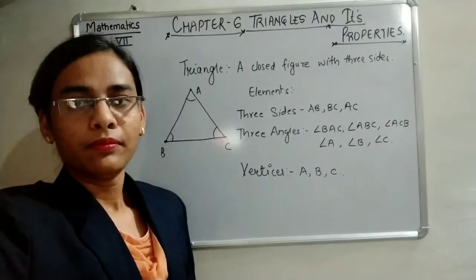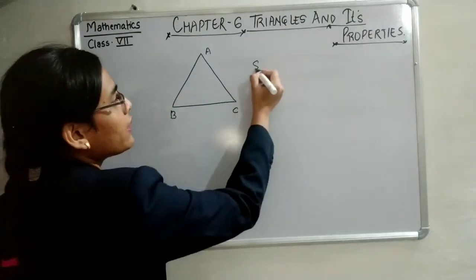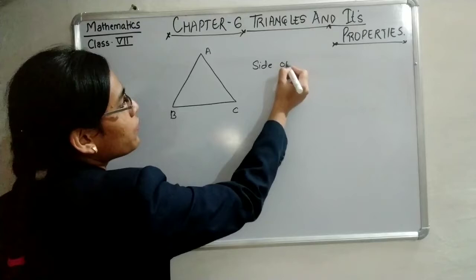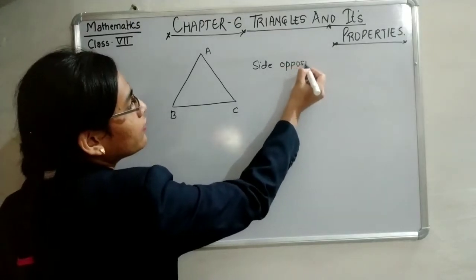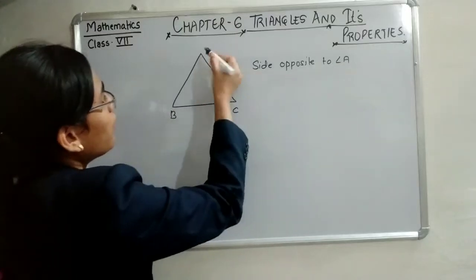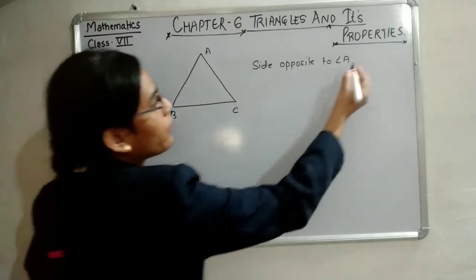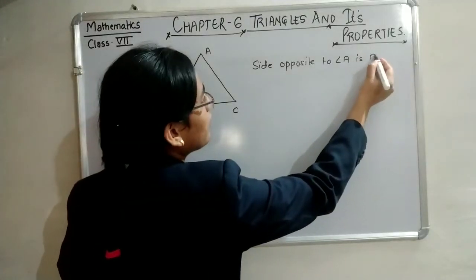Now if ABC is a triangle, which is the side opposite to angle A? The angle A has the side BC opposite to it. So it is BC.